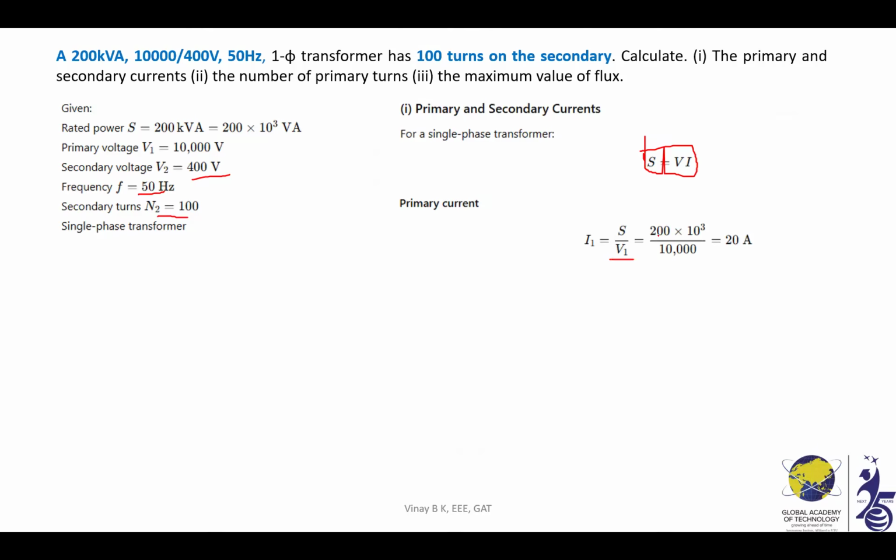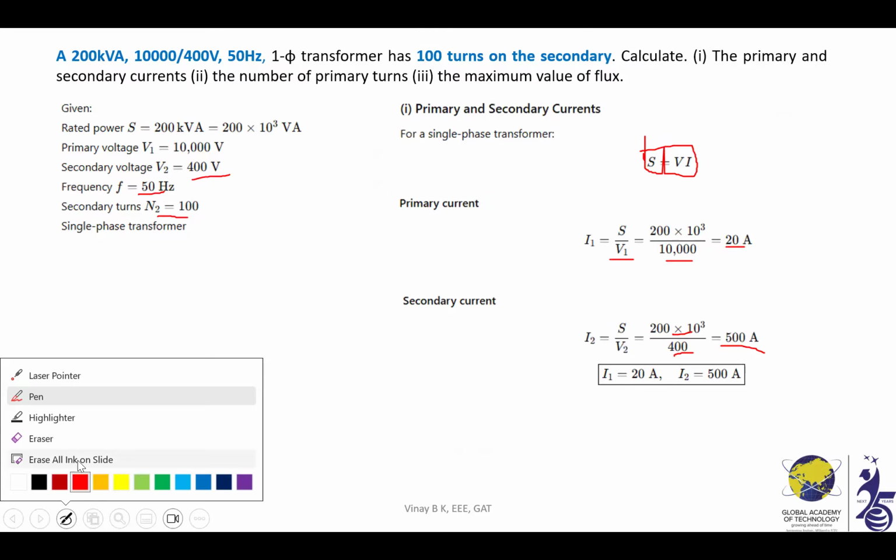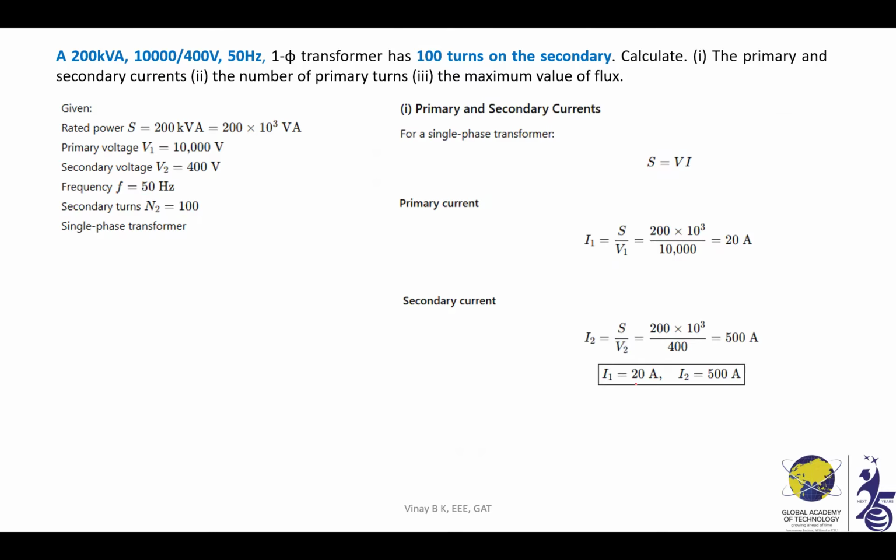Here S is given, that is 200 into 10 to the power 3, and V1 we know is 10,000, so you get 20 amperes. Similarly, I2 is given by S divided by V2, that is 200 into 10 to the power 3 divided by V2, which is 400, we get 500 amperes. Therefore, I1 is 20 amperes and I2 is 500 amperes.